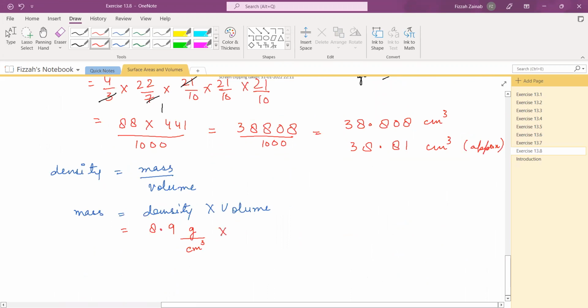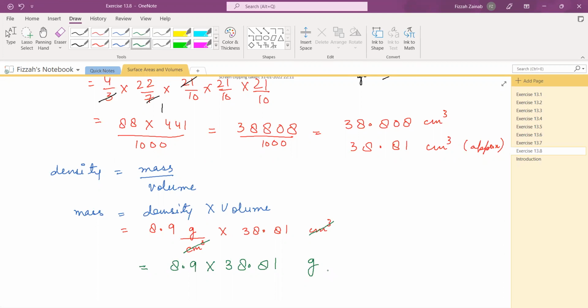Into volume is 38.81 centimeter cube. Is this correct? As you can see, this centimeter cube and centimeter cube will cancel out each other. So you will get your answer only in grams, which you should get because you want to find the mass. So the answer will be in grams. Is this clear, everybody? Yes, ma'am.